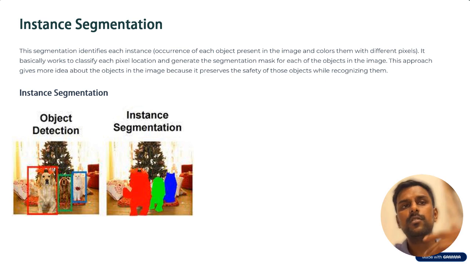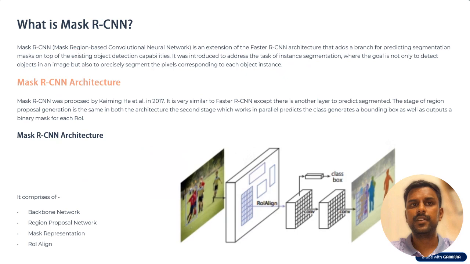So let's have a look at how this actually works. Basically, Mask R-CNN was proposed in 2017 by a scientist called Kaiming He. It is almost similar to Faster R-CNN, except there is another layer to predict segmentation.